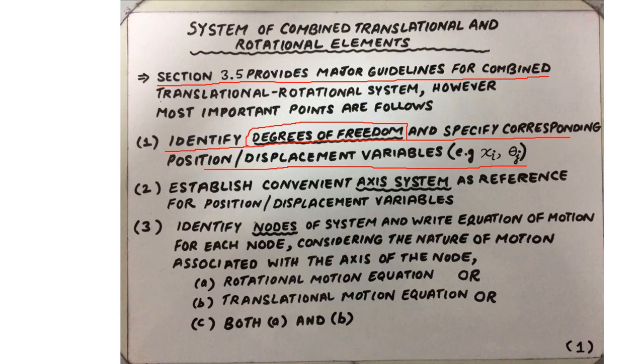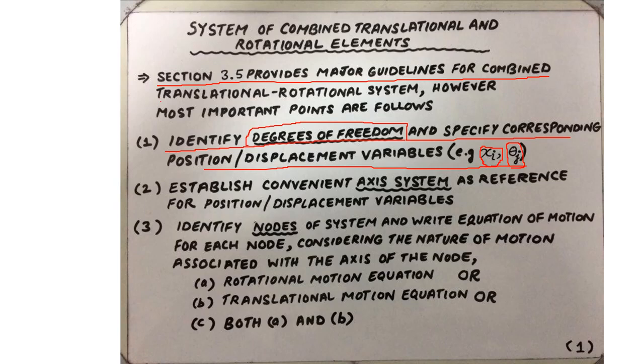For instance, we can use the linear displacement of any translational motion element and specify a variable such as xi, or we can use theta to specify the rotational displacement of the rotational motion element.